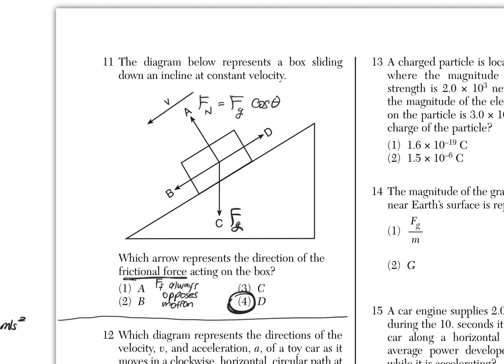And then the portion of the weight going down the ramp, that would be B, although this B vector is actually a little bit long for F parallel, but F parallel, the component of the weight down the ramp, that's going to be equal to Fg, weight, sine theta. And then going up the ramp would be the friction force, as we said.